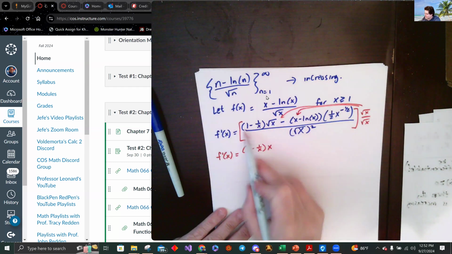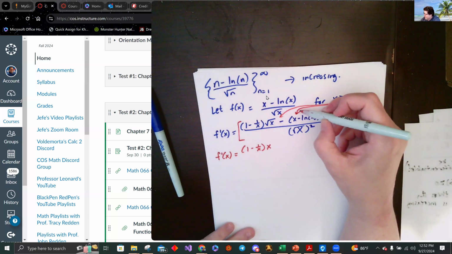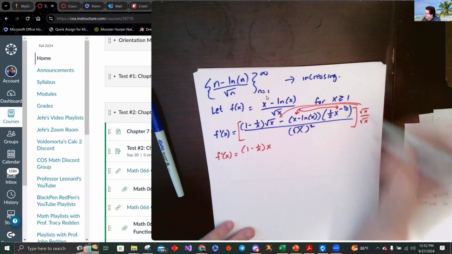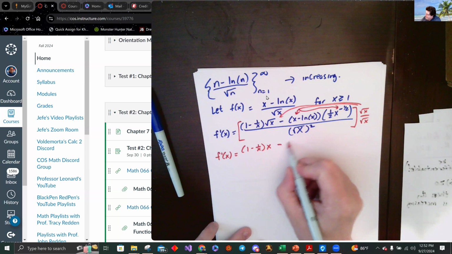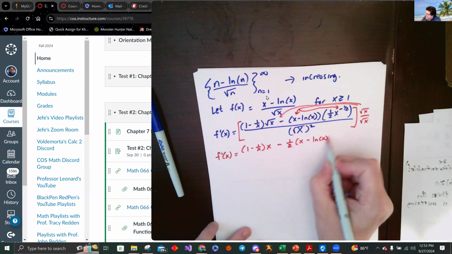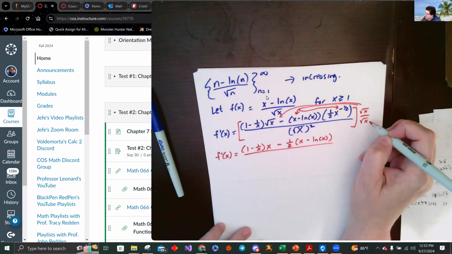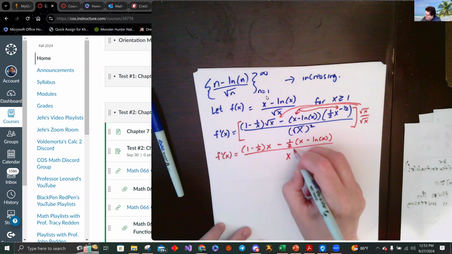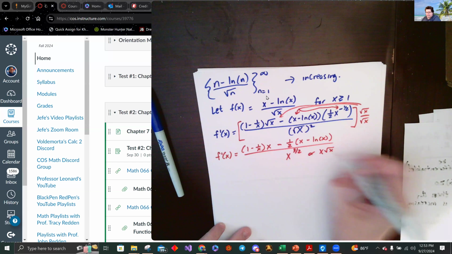This is all one product. It's got to hit both. And actually here, I'm going to have it hit there instead. It'll cancel out the x to the negative 1/2. And we'll have minus 1/2 x minus ln of x. And on bottom, this was x squared times another square root of x. We get x to the 3/2 down here, or x root x, whichever one you like.